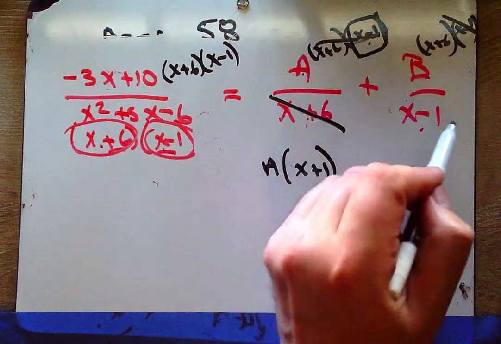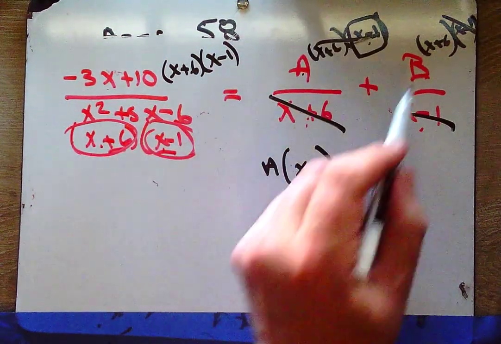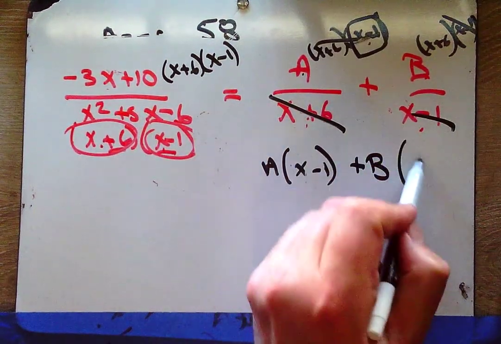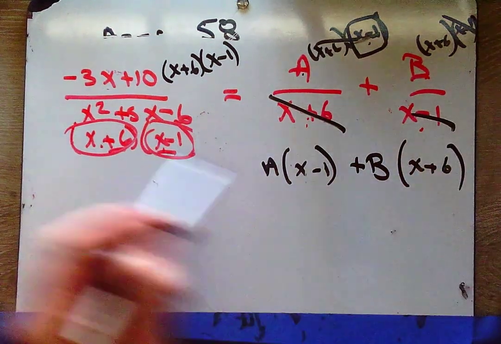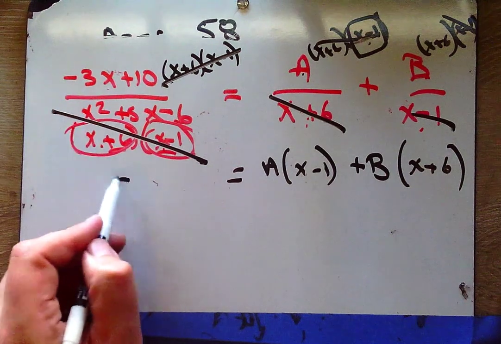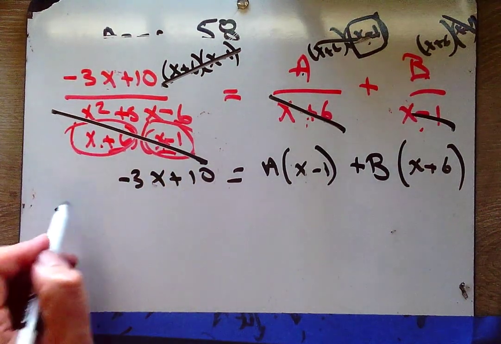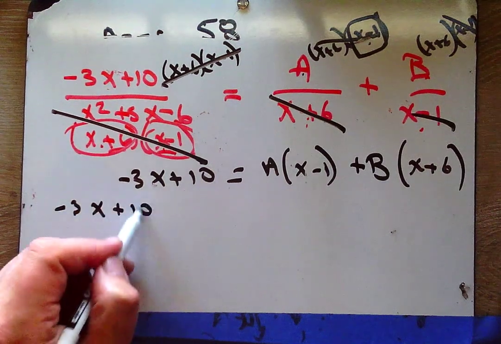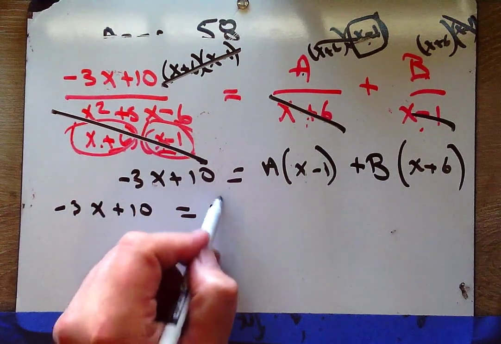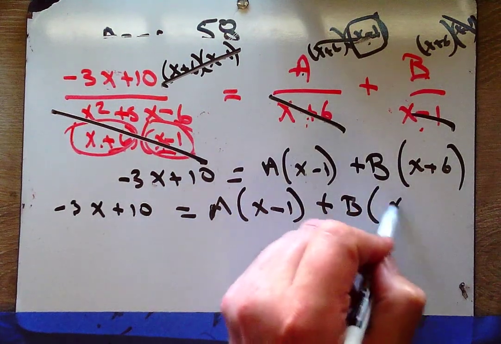And here, sorry, that was a minus 1. And here we have b times x plus 6. Over here, all of this stuff cancels with all of this stuff, leaving me just minus 3x plus 10. All right, so we've got minus 3x plus 10 equals a times x minus 1 plus b times x plus 6.